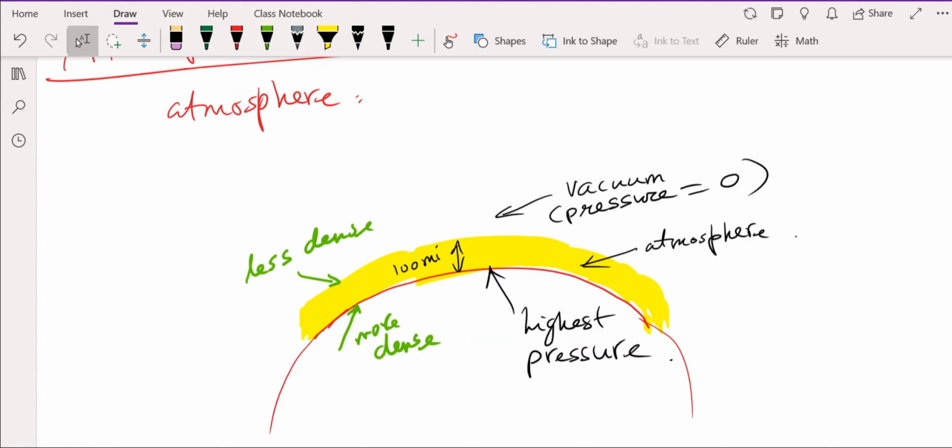And that pressure is called atmospheric pressure. Now tell me, what is the atmospheric pressure at the very top, above the 100 miles? Zero. Now, the highest pressure is near the Earth's surface. It is like 14.7 psi.